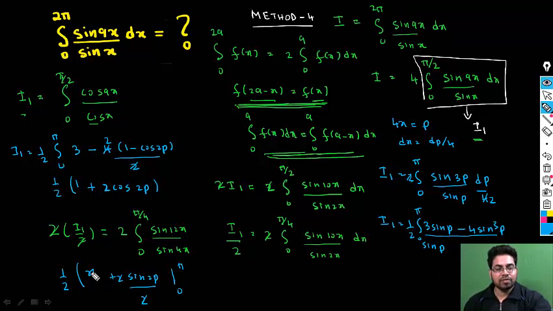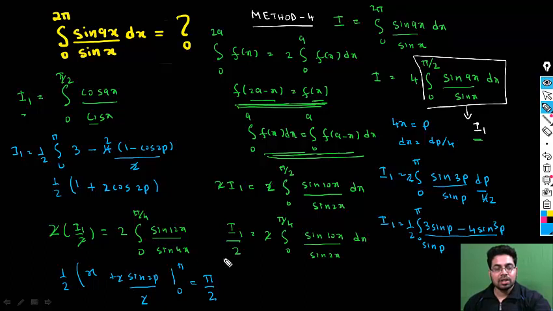So integration of x from 0 to pi would become pi, and this sine 2p from 0 to pi, so sine of 2 pi minus sine of 0, this would be 0. So here we are only going to get pi, and we are having this 2 outside, so this is ultimately turning out to be pi by 2.